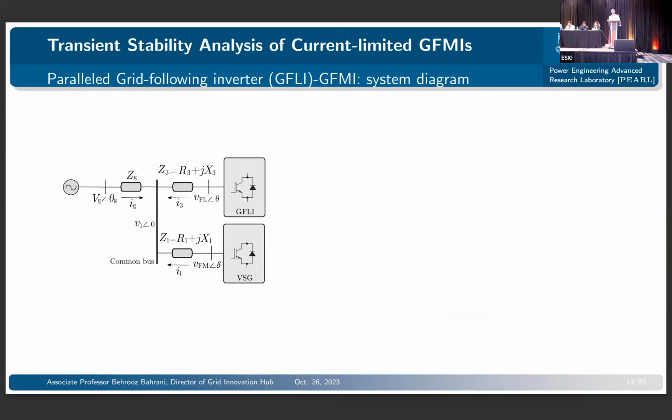Now, we tried to expand our activities to a multi-inverter system. Particularly, we looked at a GFLI plus a VSG in parallel, and we tried to understand when they can become unstable when they're exposed to a fault. The fault was happening at the point of connection, the common bus. Essentially, you can look at it as a battery energy storage, in grid forming mode, installed next to maybe a solar farm in a remote area of the network.